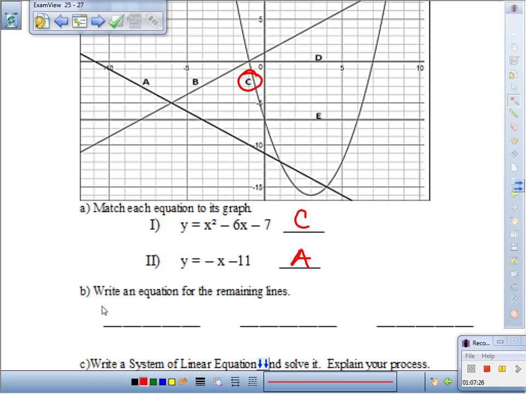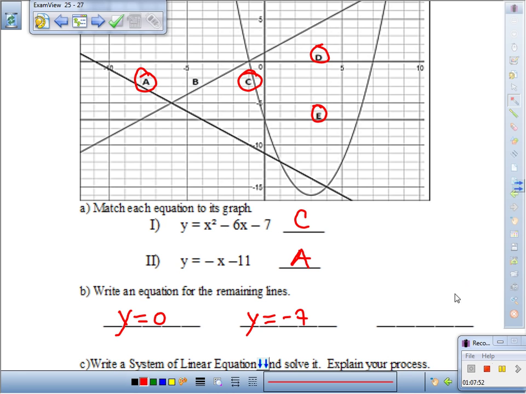Now we need to find 3 remaining equations. We got A, we got C, we're missing B, D, and E. Let's start with the easy ones. What is D? Y equals 0. That is correct. It's a line going straight through 0. What is the equation for E? Negative 7. That is correct.